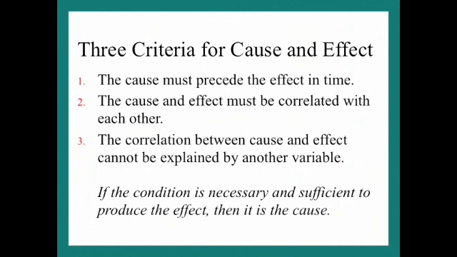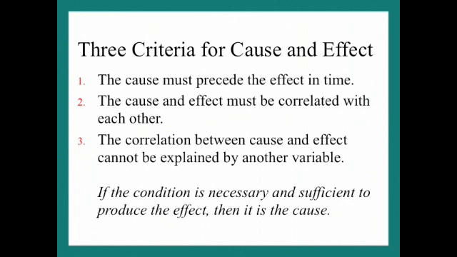We've talked about independent and dependent variables in the past, and we're going to talk about that through this lecture. We want to make sure that the independent variable causes some kind of change or has an effect on the dependent variable.